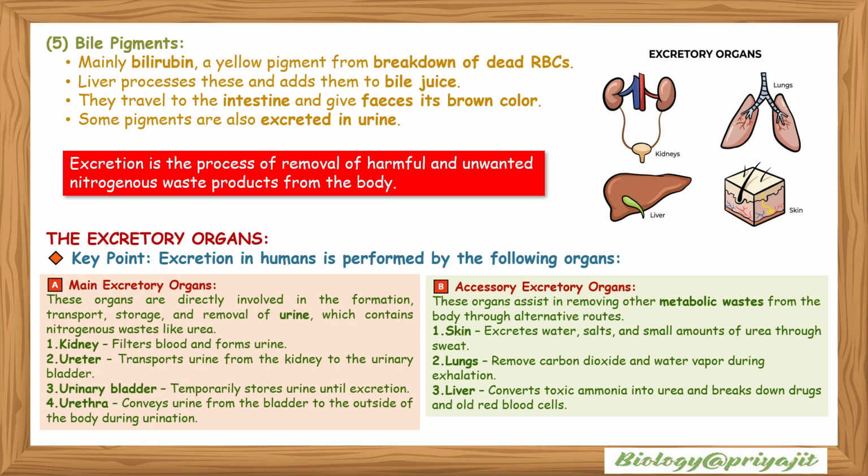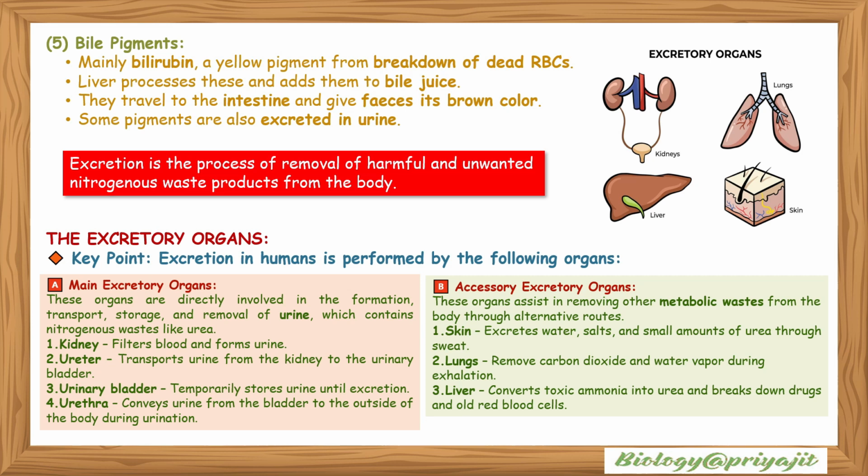These organs assist in removing other metabolic waste from the body through alternative routes. Skin excretes water, salts and small amounts of urea through sweat. Lungs remove carbon dioxide and water vapor during exhalation. Liver converts toxic ammonia into urea and breaks down drugs and old red blood cells.